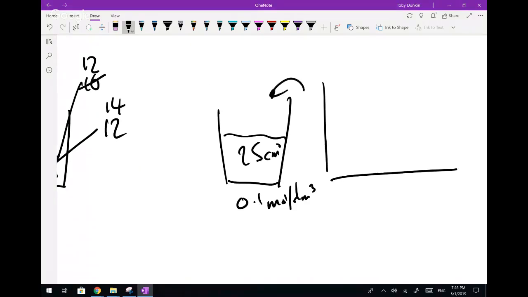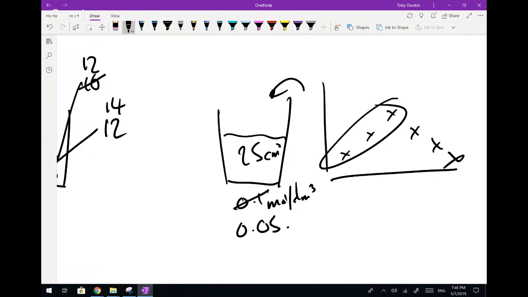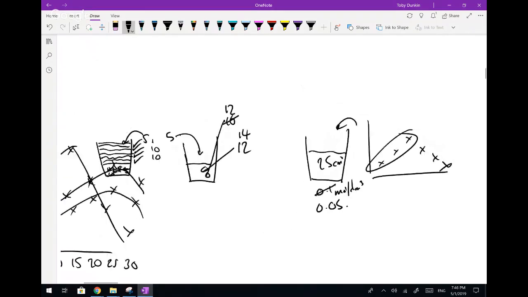The problem is I'm going to add the 5, but if it was actually half as strong, I'm not going to need the full 25 to neutralize it. So by the time I've added the third one, all of it's used up, and it just plummets all the way down, because I didn't have as many particles in the original acid. So it would have ended sooner.